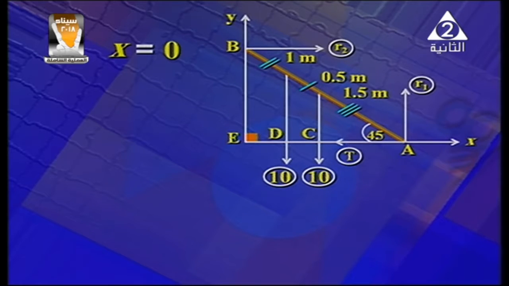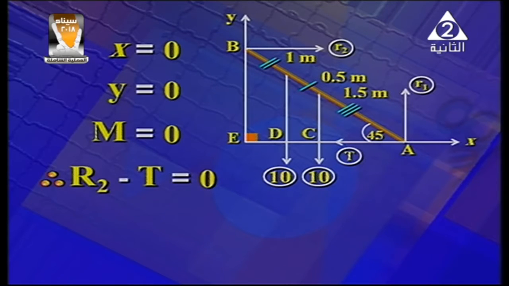The first equation: sum of x equals 0. The second: sum of y equals 0. The third: the moment at any point equals 0. In general equilibrium, the sum of algebraic forces on the x-axis equals 0, on the y-axis equals 0, and the moment at any point also equals 0.